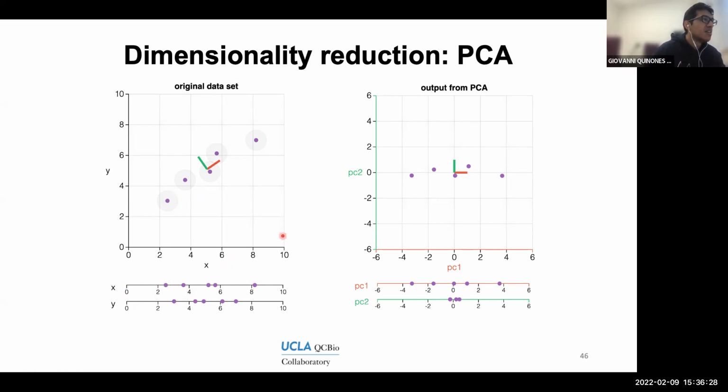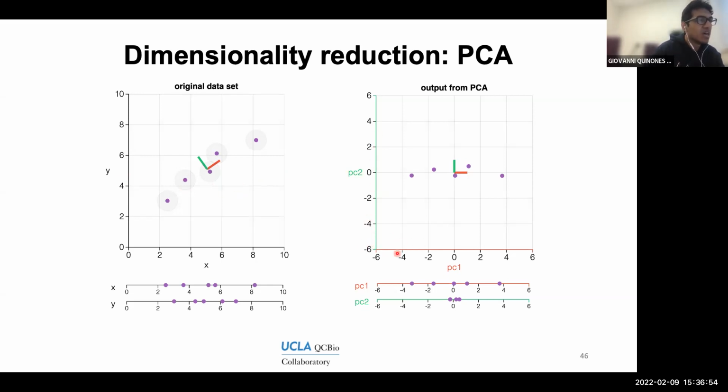So what PCA will do is try to move this axis in a way that we can represent these points in a new coordinate system where hopefully fewer dimensions will be necessary. In this case, we're turning our axes into a new set of coordinates.